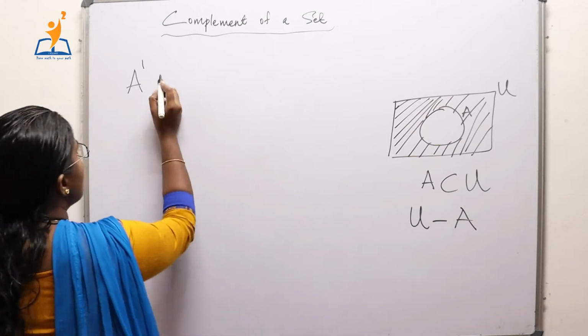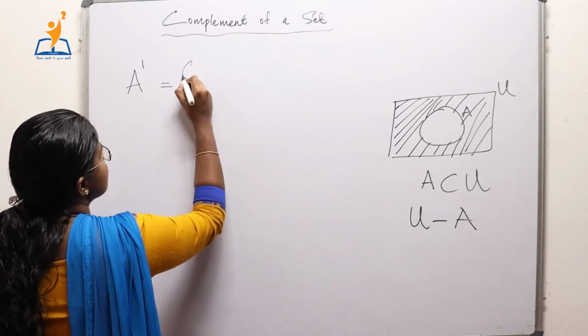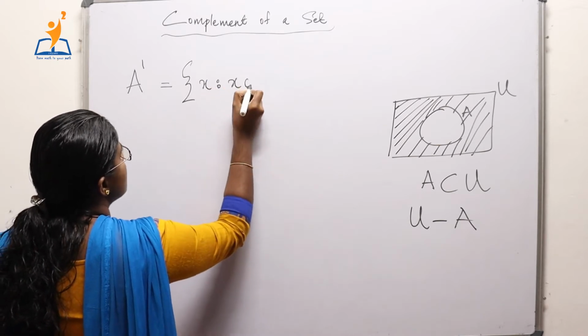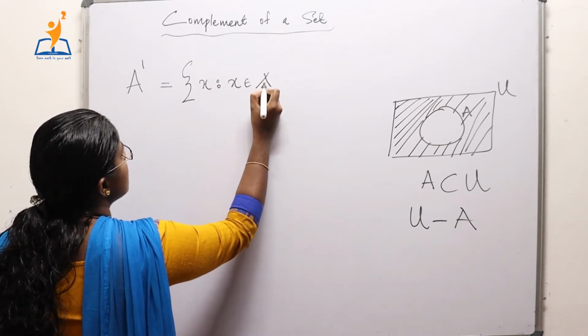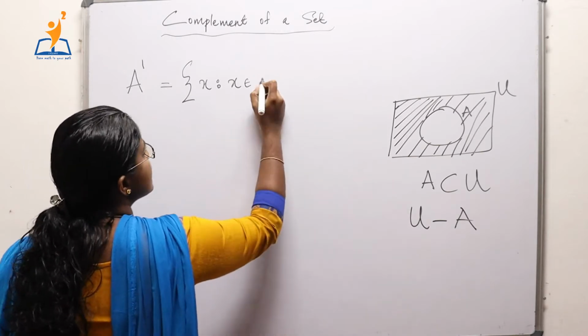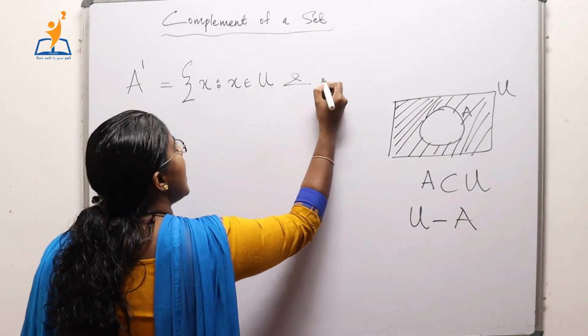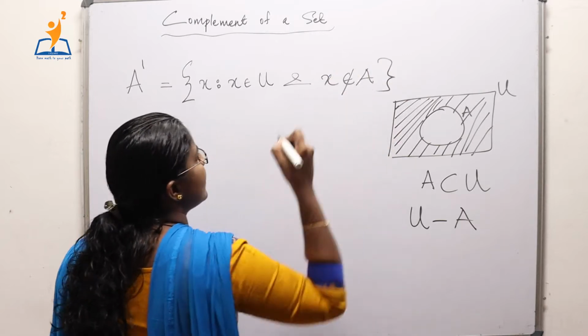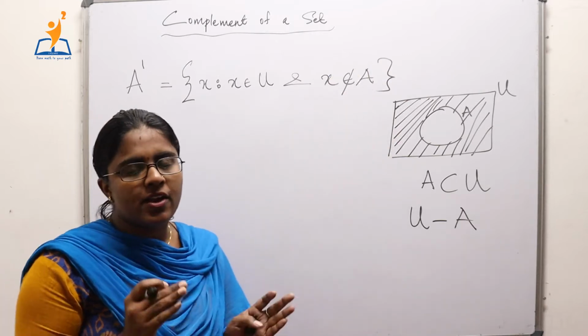So a complement can be defined like this: the set of all x such that x belongs to the universal set and x does not belong to A. That's the definition for complement of a set.